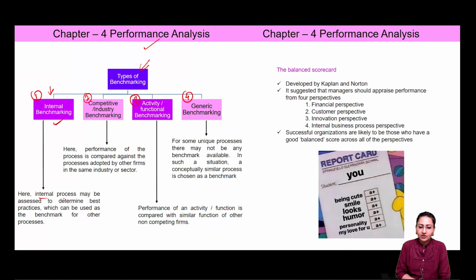Here, internal processes are analyzed to see what is best in a particular process. That means internal processes, you are determining the best practices and other processes follow that. That is internal benchmarking. Your hero is within the organization. Try to do what the hero does because that's the best practice.